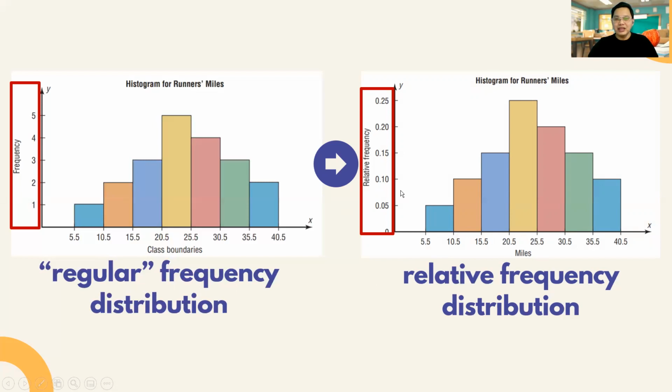So we notice some similarities between that probability distribution and the relative frequency distribution. For one, the values that we see on the y-axis are all less than 1.